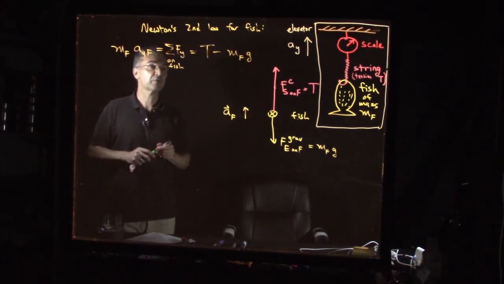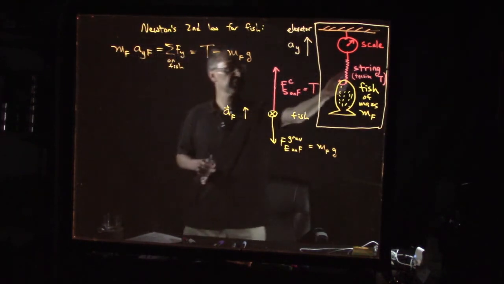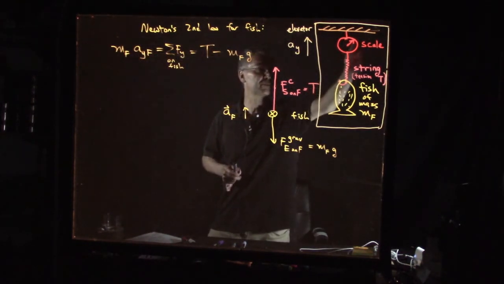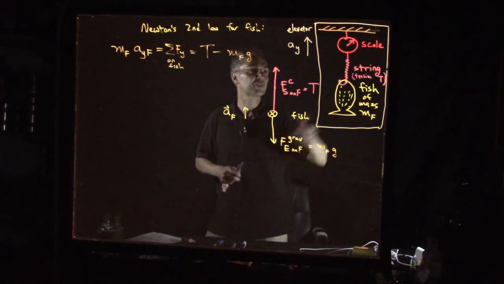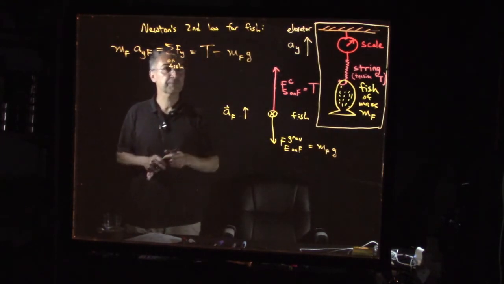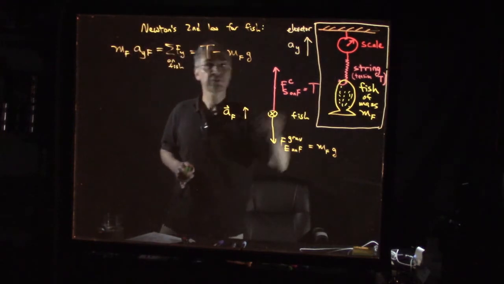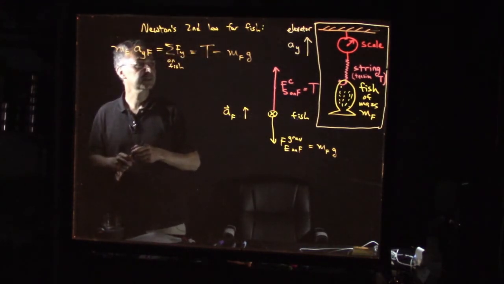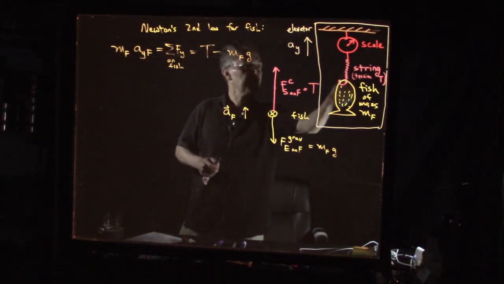And then you want to say, what does the scale read? The tension in the scale is basically the same as the tension in the string. The scale reads this tension in the string because the string just transmits the same force from one end of itself to the other.